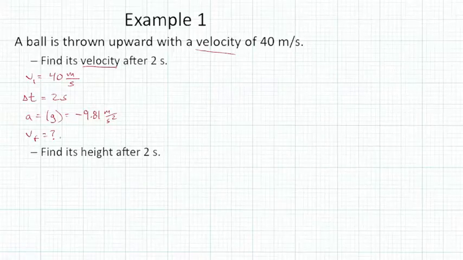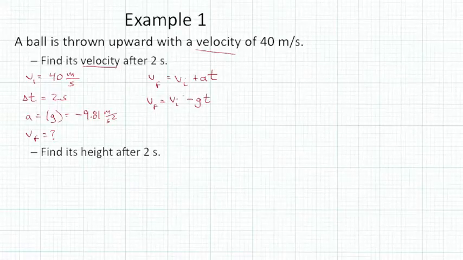Well, let's find it. We do have an equation, in fact, just for that. Final velocity is initial velocity plus acceleration times time. And when we put in our g for acceleration, that changes that plus sign up front to be a negative. So it would really wind up being final velocity equals initial velocity minus gt.